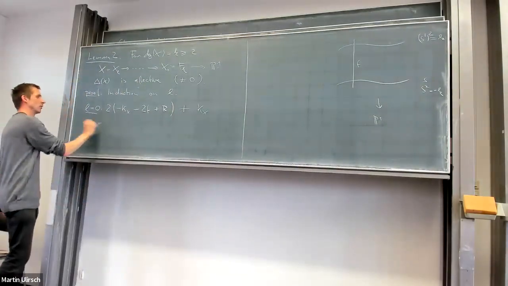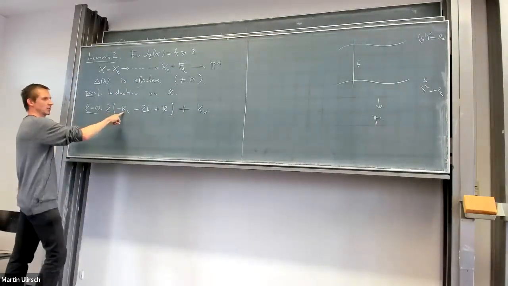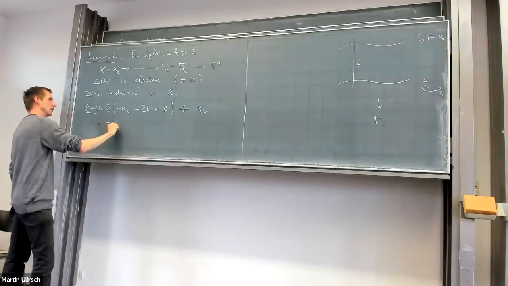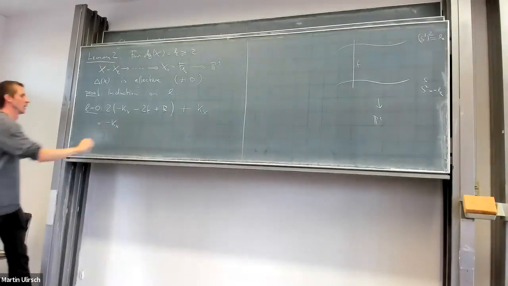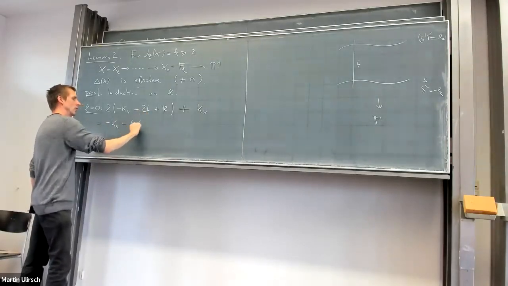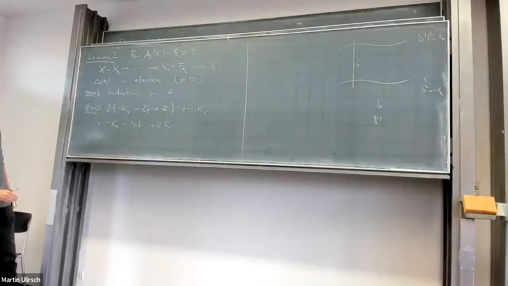Okay, let me simplify the expression here. So 2 times the anti-canonical one plus 1 times the canonical one gives us minus kx minus 4 f plus 2 r.